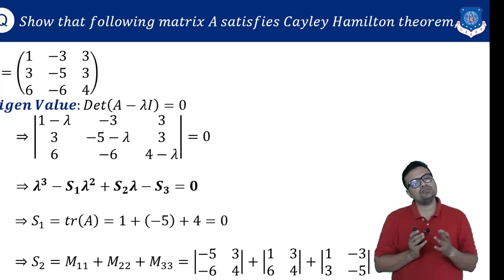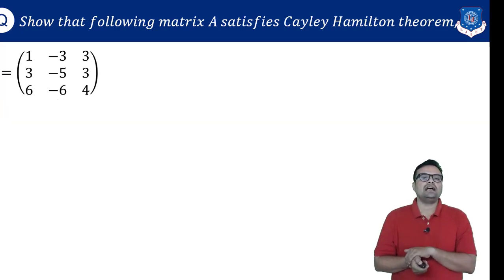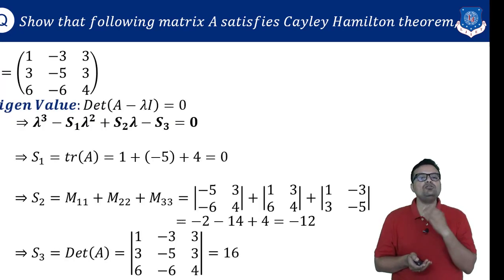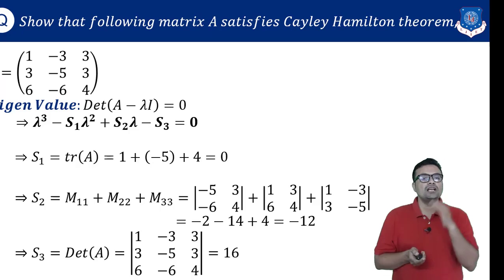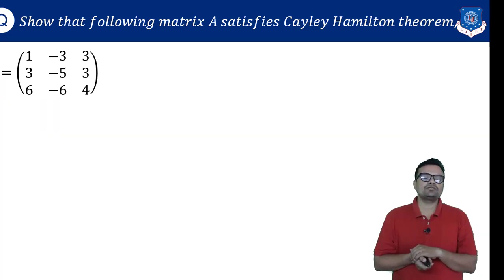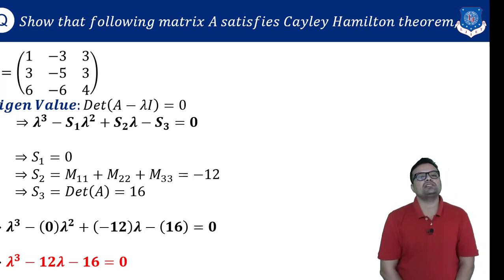S1 is nothing but the trace of the matrix, which is 0. S2 is nothing but the addition of minors of diagonals. And finally, the value of S3 is the determinant of A. Here S3 is going to be 16, S2 is minus 12 and S1 is 0. Once we have all these three values, we take these values into the equation, and that equation is lambda cube minus 12 lambda minus 16 equal to 0.